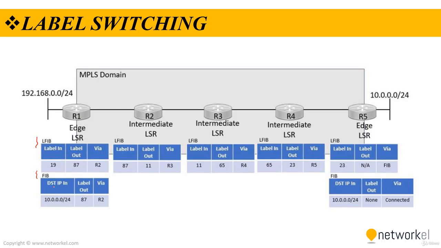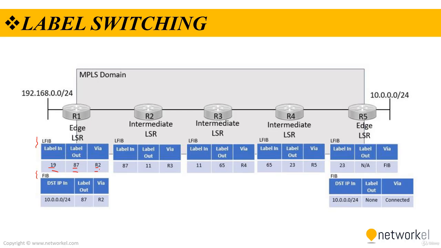Now, when router 1 receives a packet with the label 19, it examines the LFIB and notices that it must forward it with the label 87 to router 2, right?